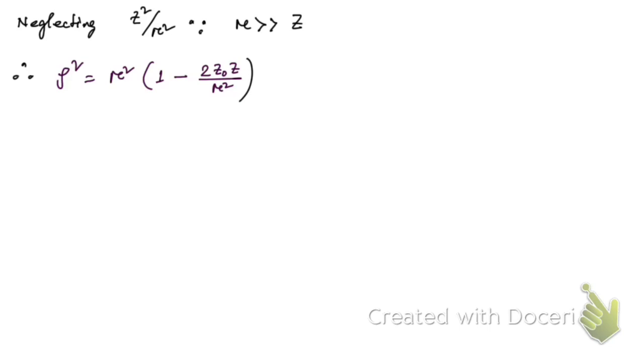Now here you see, taking the square root, we're going to get rho equal to r times 1 minus 2 z naught z by r square, to the power half, on taking the square root. Let me write it properly.